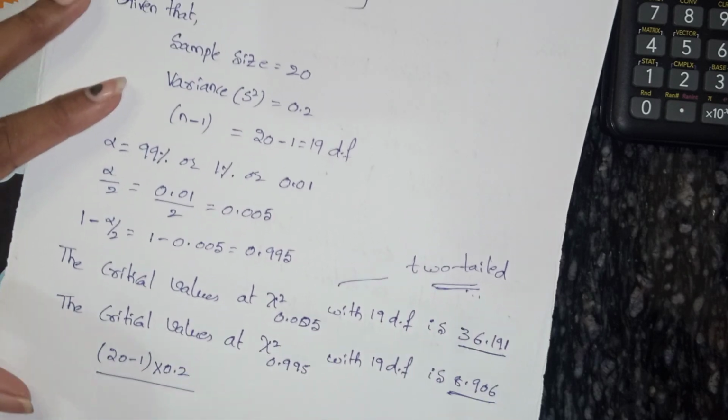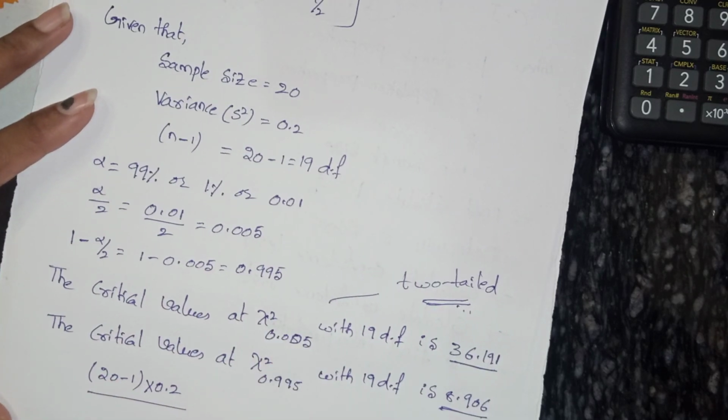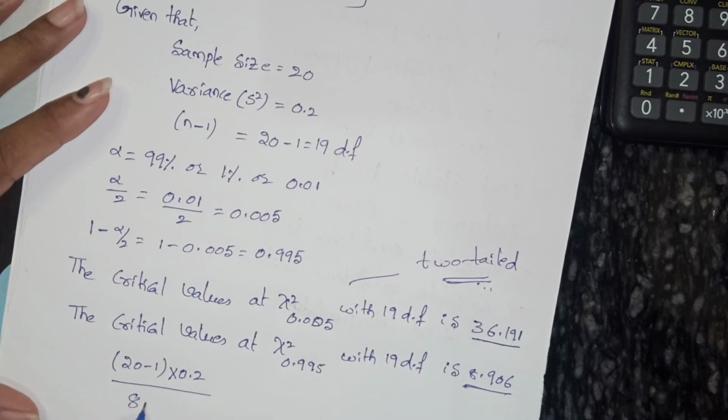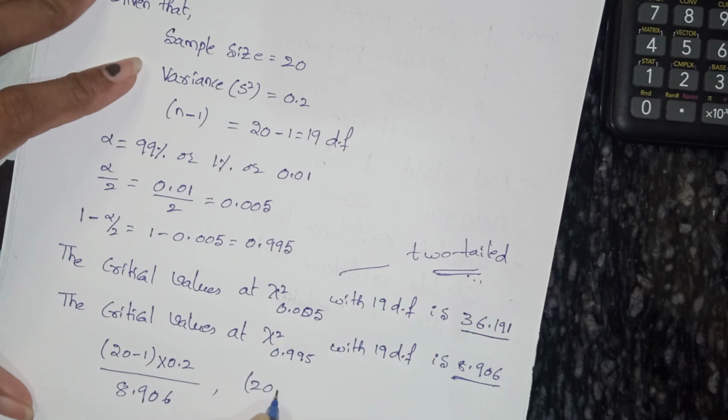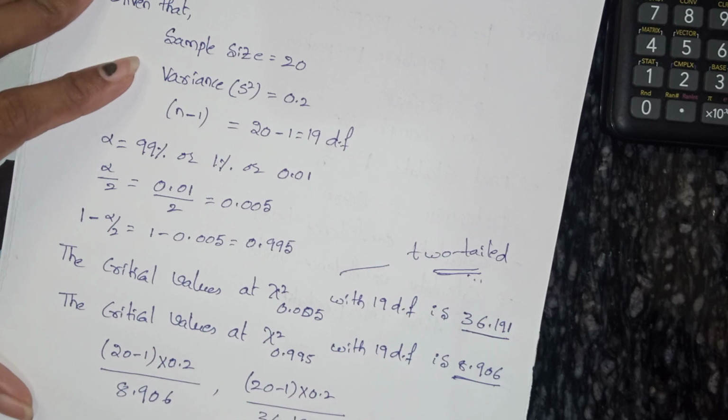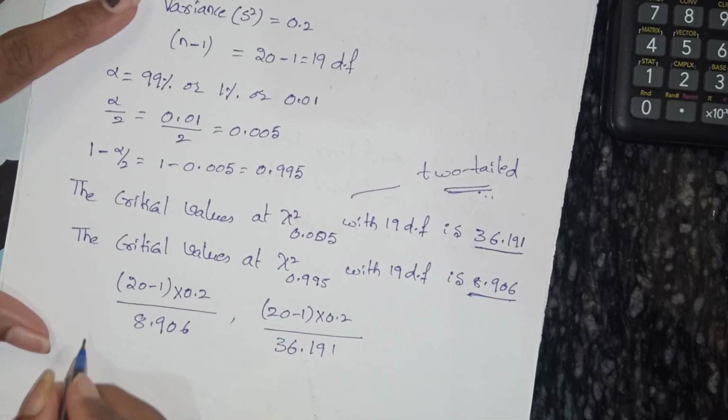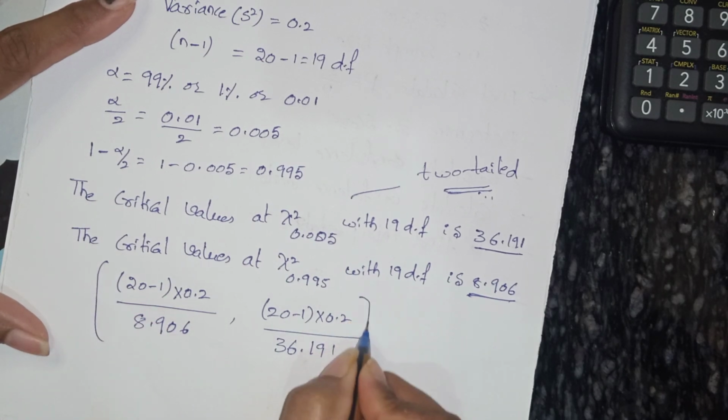The chi-square 1 minus alpha by 2 value is 8.906, comma, again 20 minus 1 into 0.2 divided by 36.191. So now we are going to calculate this.